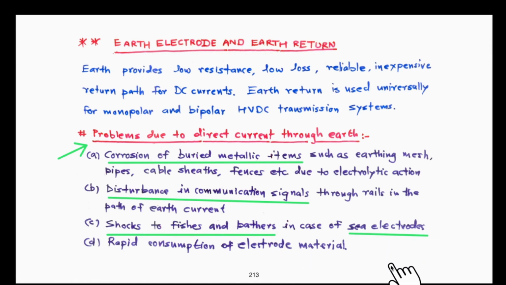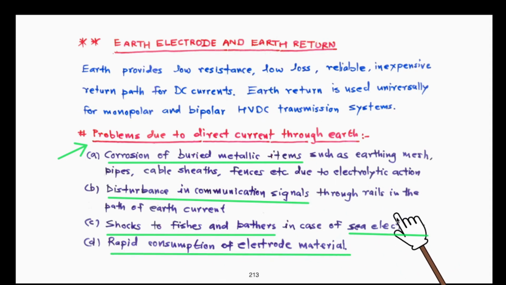So that is a cause of concern, if current is flowing through electrodes which are installed close to the sea, keeping in mind the advantage of moisture present and maybe transfer of current from one island to another. In that case, this has to be observed. And lastly, the disadvantage that is observed is the rapid consumption of electrode material.